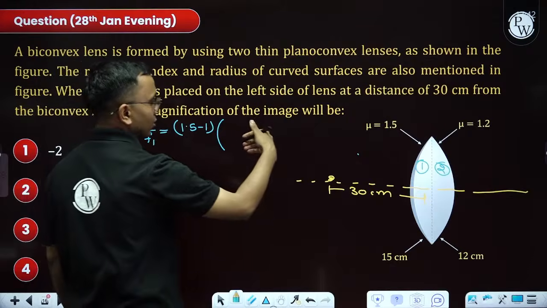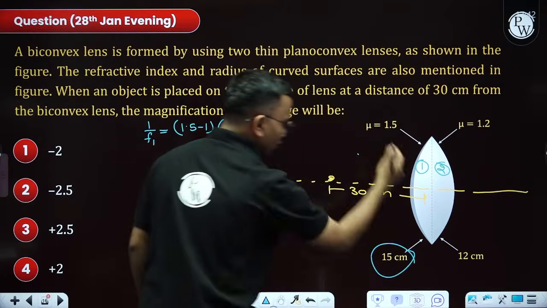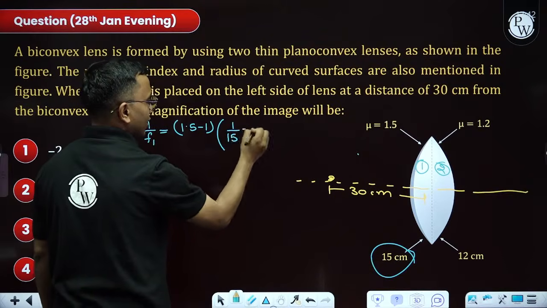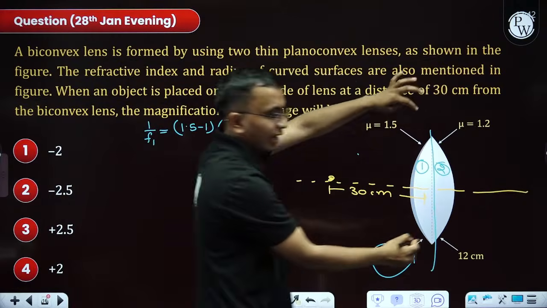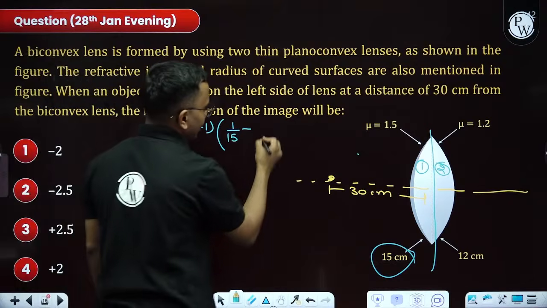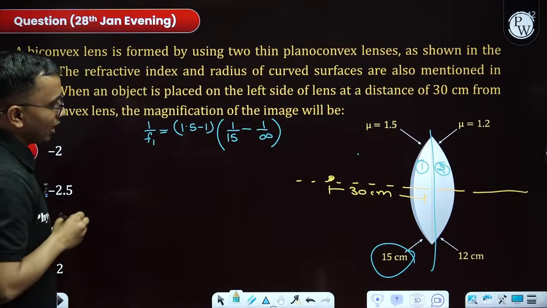What is the radius of curvature, by the way? 15. So plus 15, it is towards the right. So 1 by 15 minus 1 by r2. Now the second surface is flat. If a surface is flat, its radius of curvature is infinite. So this is my f1.